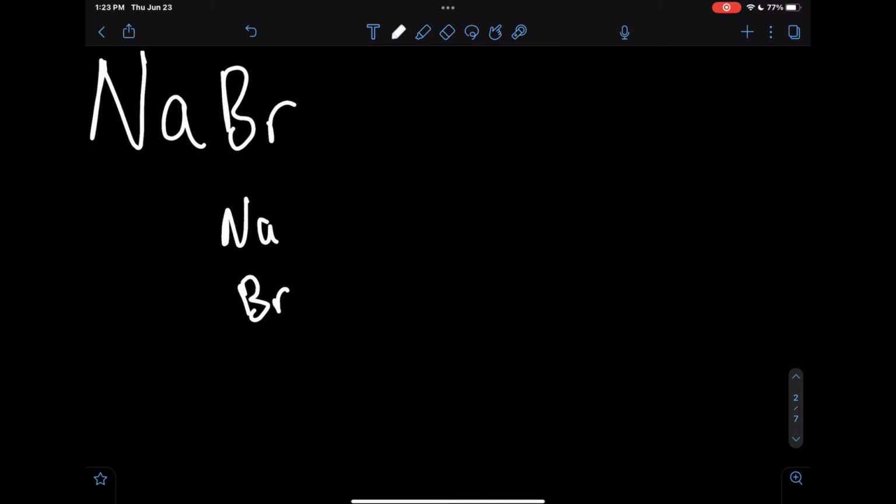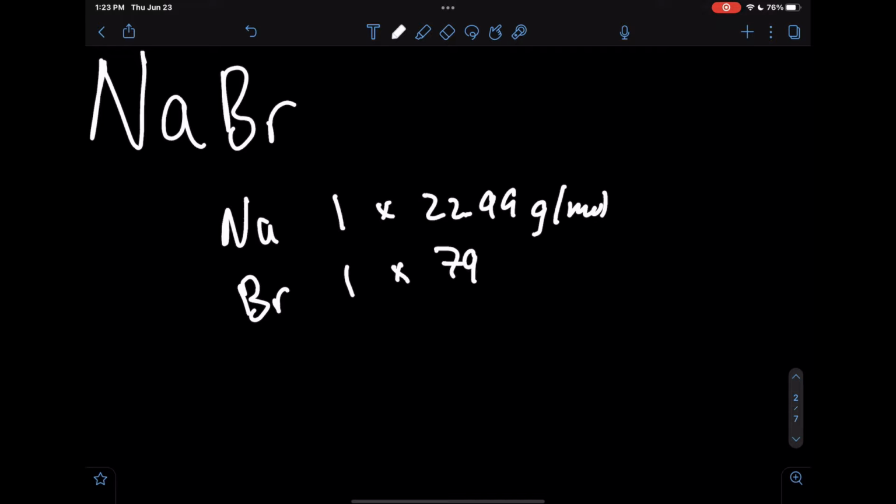Sodium has an average of 22.99 grams per mole. And bromine has an average of 79.90 grams per mole.